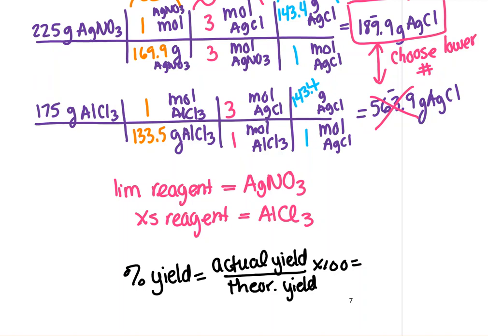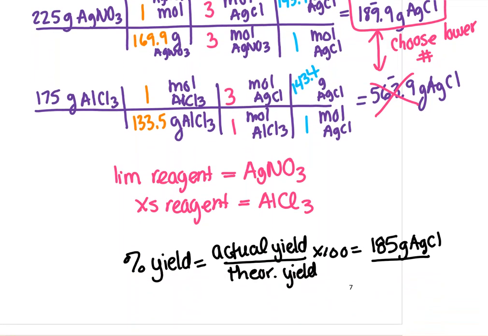And so our actual is what is given in the problem statement, and the theoretical is what we got right here, the 189.9. And this is why I didn't want to round off there, because I knew I would do another step, and so I was just trying not to round twice before the very end. And I get 97.4% yield.